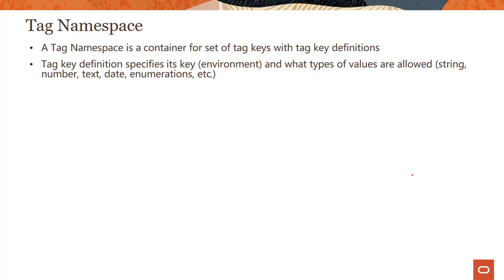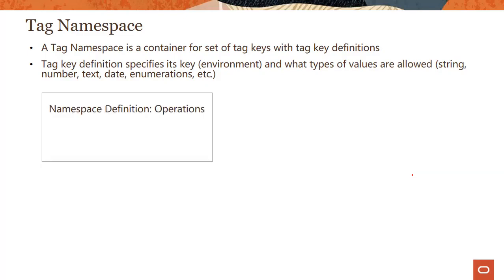Later on I'll show you a slide where we talk about how you can secure them using OCI policies. So let's dive a little deeper into the tag namespace. As we saw, a tag namespace is nothing but a container for a set of tag keys, with tag key definitions. Now what does that look like? The tag key definition specifies its keys.